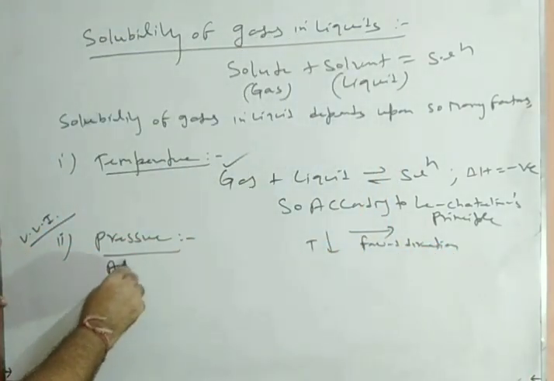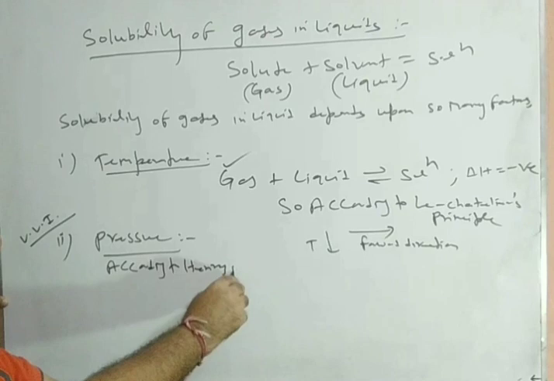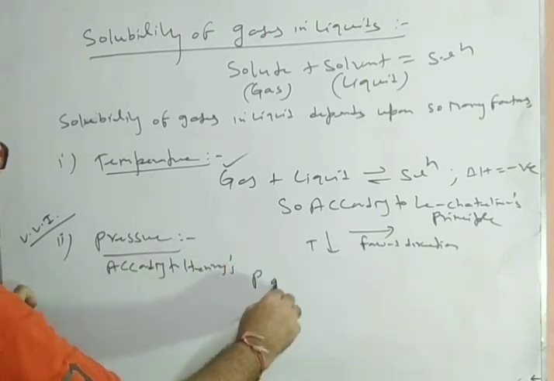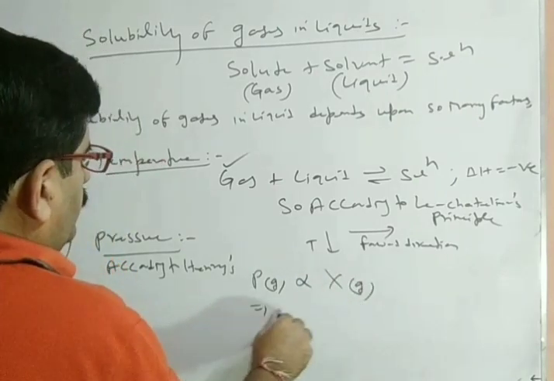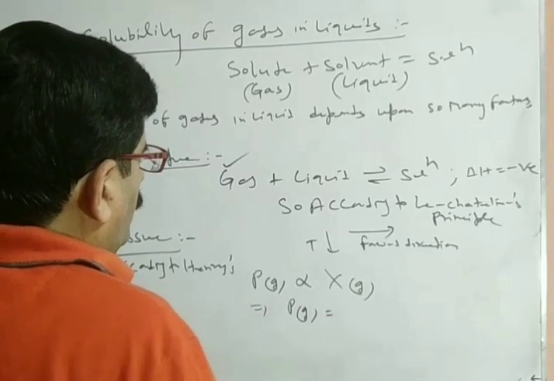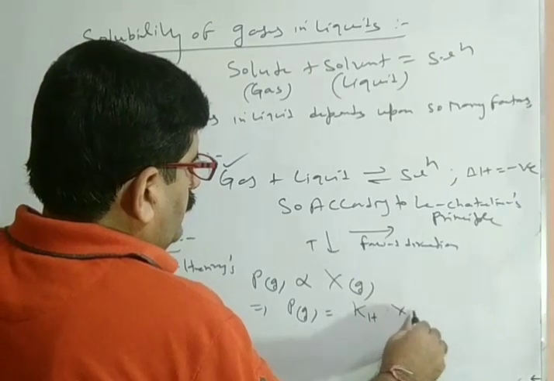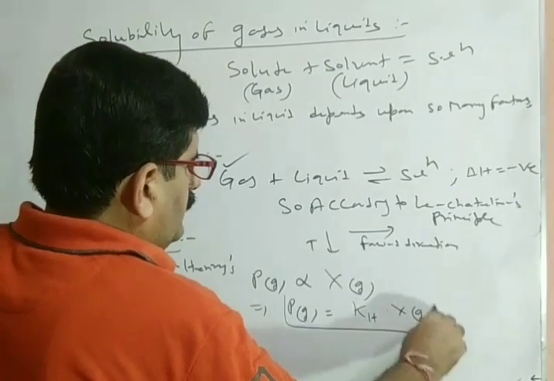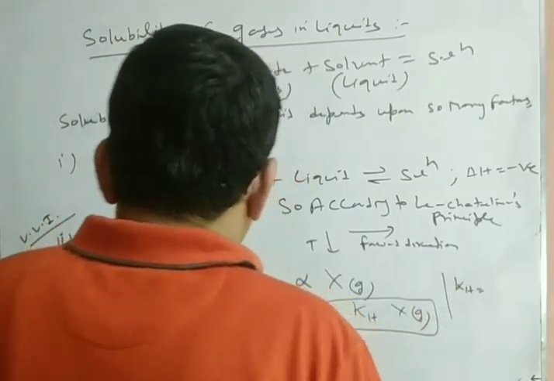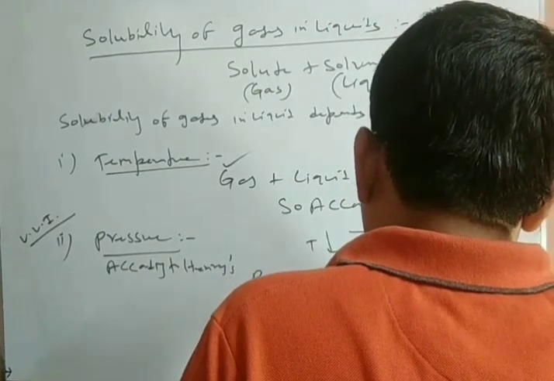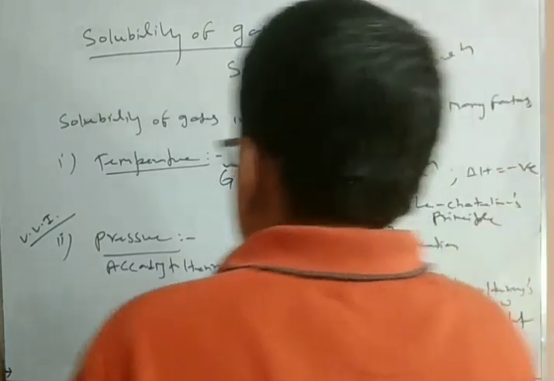According to Henry, the partial pressure of the dissolved gas is directly proportional to mole fraction. If we remove proportionality, we give a constant KH into Xg. This KH is equal to what? Henry's law constant.